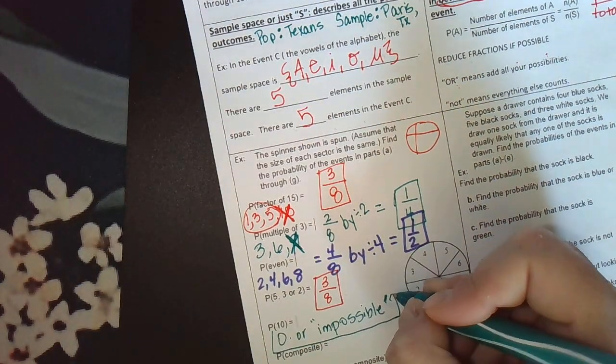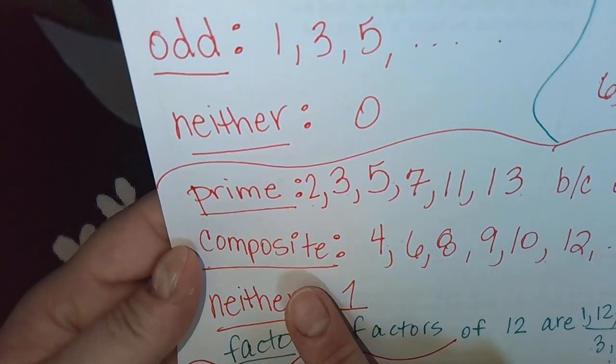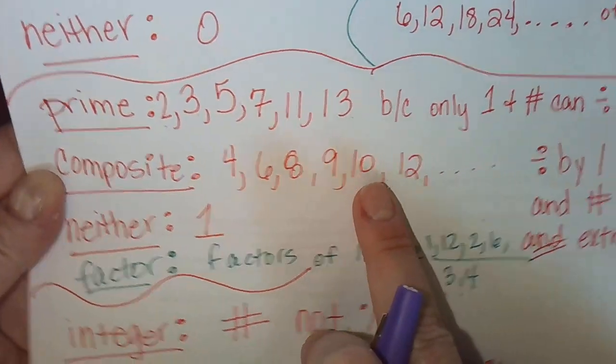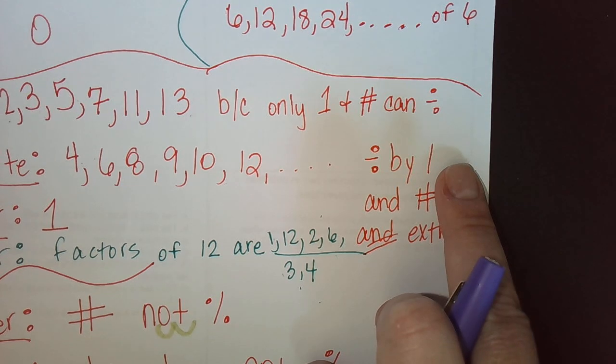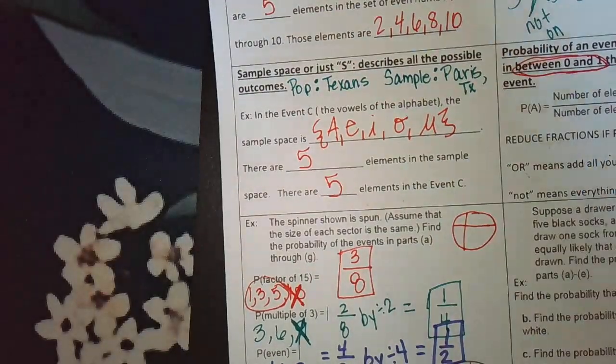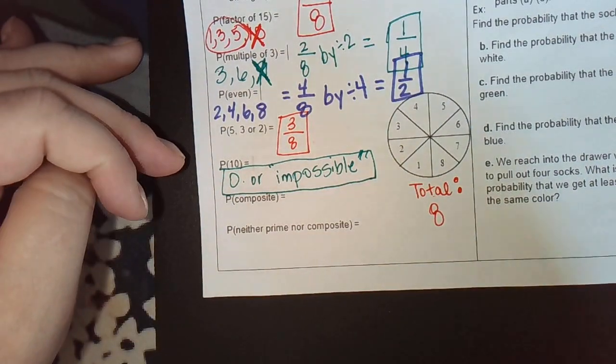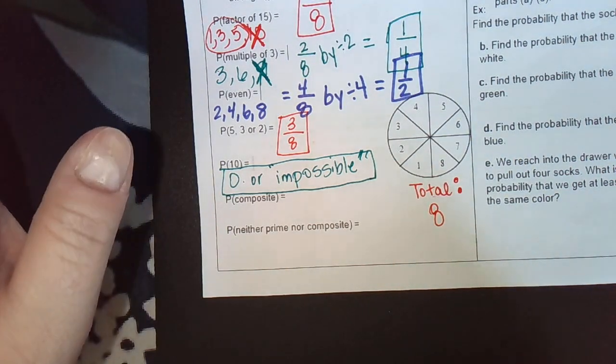Okay, let's look at the next one. It says composite. Well, composite means numbers that can be divided by 1 and the number and some extra numbers. So what from this spinner can be divided by 1 and the number and some extra numbers?